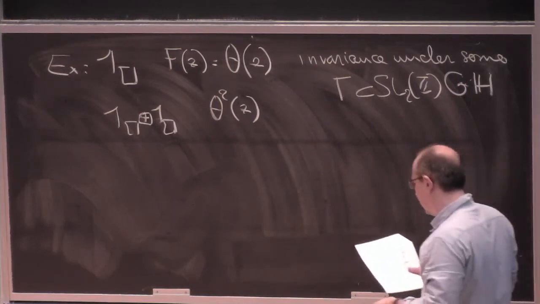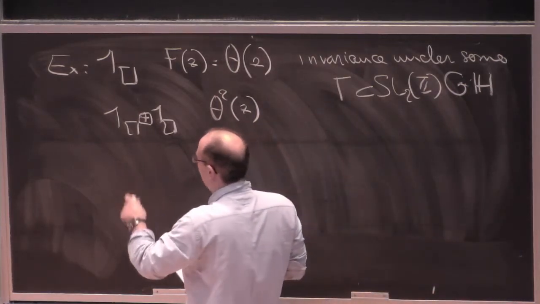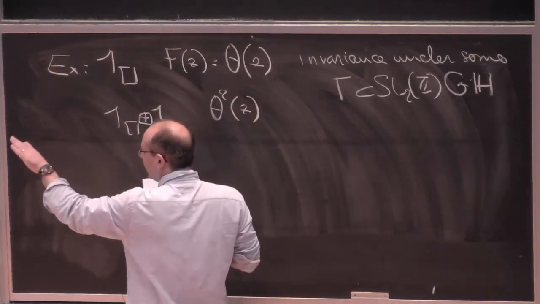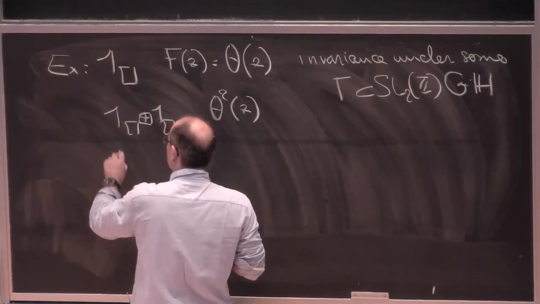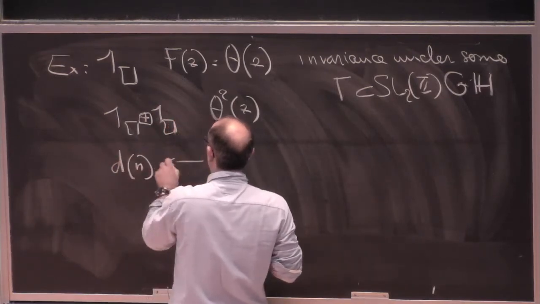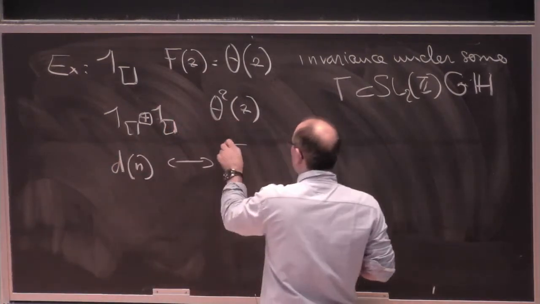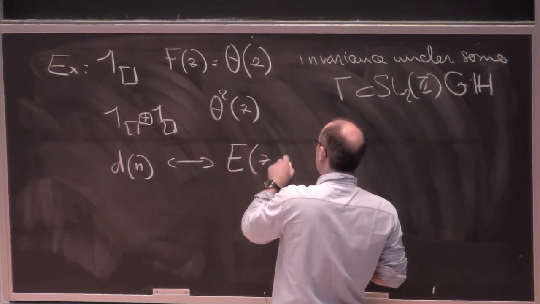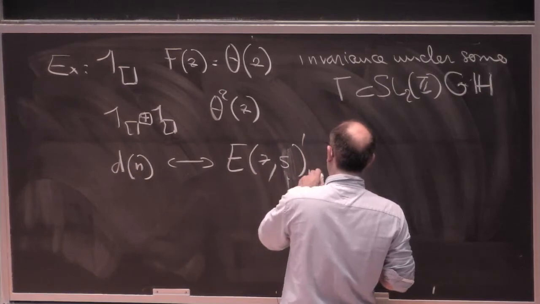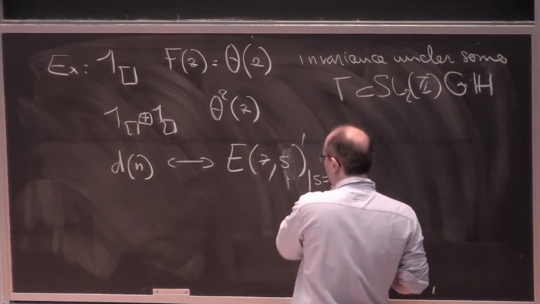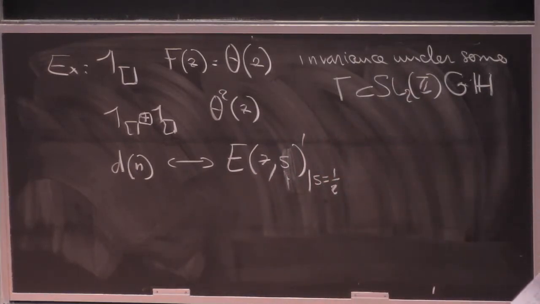Another interesting example, so I have to tweak things a little bit. It's not exactly this, but if you take the divisor function, then its generating series will be another modular form, which will be an Eisenstein series. So the generating series is not as simple.